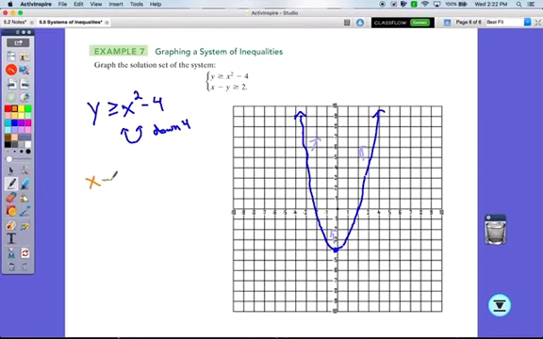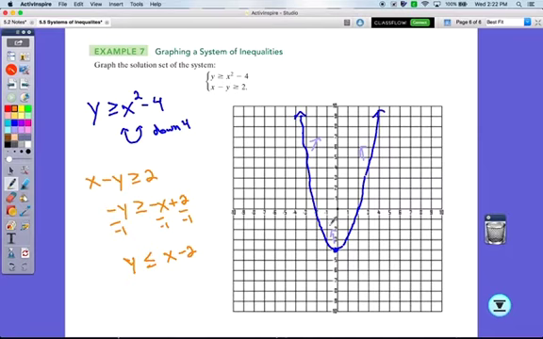x minus y is greater than or equal to 2. Solve it for y, so I subtract the x. I get negative y is greater than or equal to negative x plus 2. Divide by negative 1. That gives me y is less than or equal to, I had to flip because I divided by the negative, x minus 2.